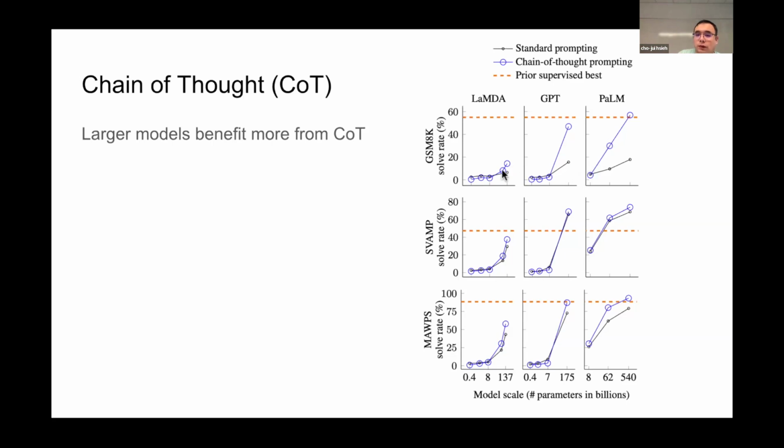But if you increase the model size, chain of thought can significantly improve the performance. Like in GPT, going to a larger one can boost the performance on GSM, which I think is a set of mathematical reasoning tasks, by 40% or more, which is very significant.